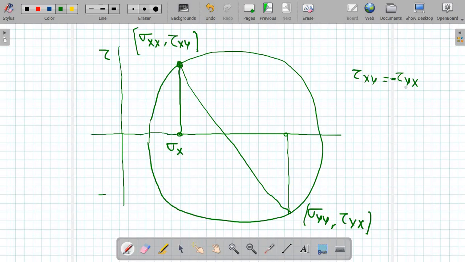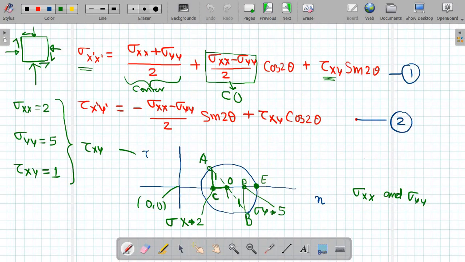So if you are calculating the things based on the circle, its name is Mohr circle. Mohr actually identified that these two equations can be rearranged in the form of a circle.